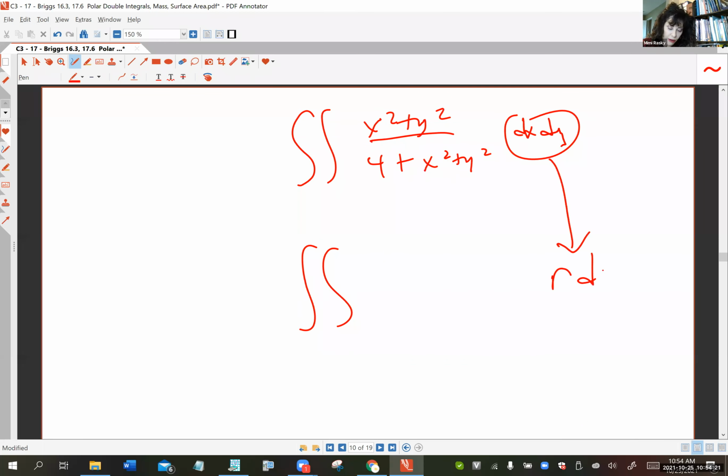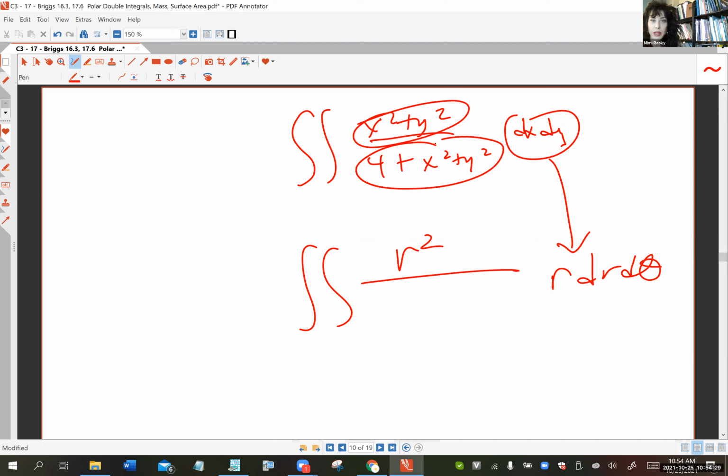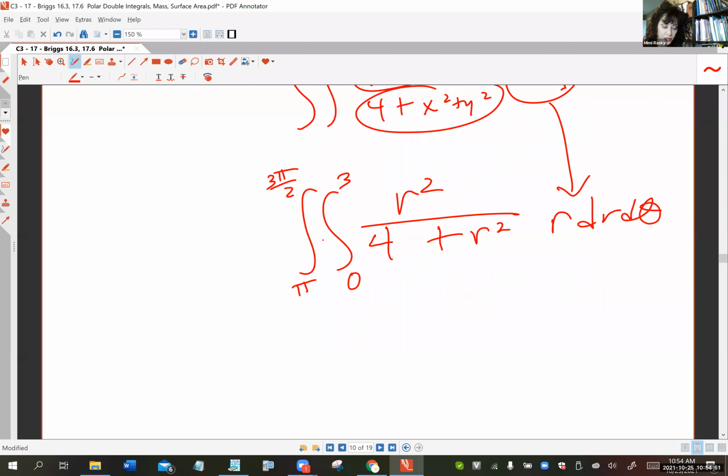It's going to be r dr d theta. x squared plus y squared converts to r squared, and then 4 plus x squared plus y squared converts to 4 plus r squared. Okay, and then we have agreed that r goes from 0 to 3, and theta goes from pi to 3 pi halves. You always get partial credit if you can do the conversion. Not whole bunches of points, but hey, you converted it. Congratulations.